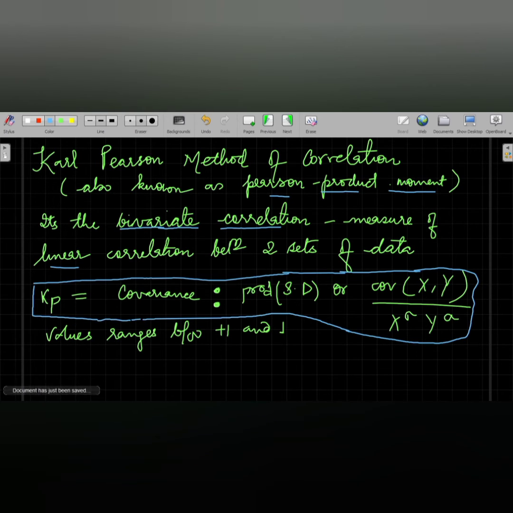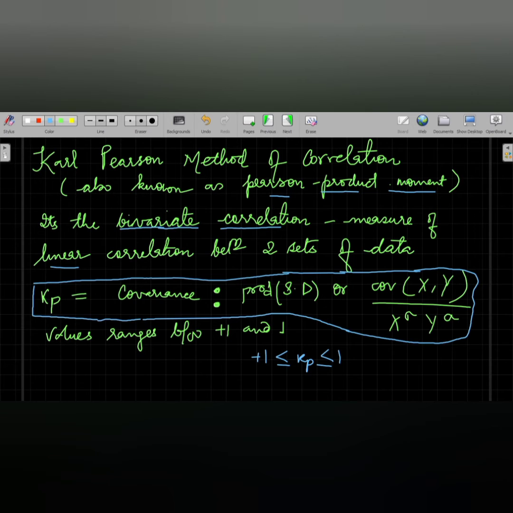Clear? Now we'll see the range of the Karl Pearson value. The value is +1 and -1, meaning -1 is less than or equal to Kp is less than or equal to +1. So the value ranges from -1 to +1.